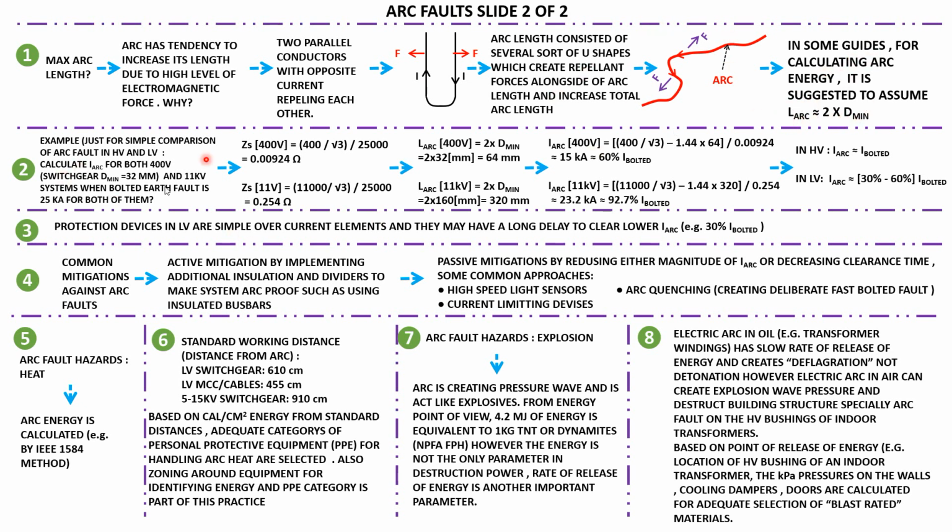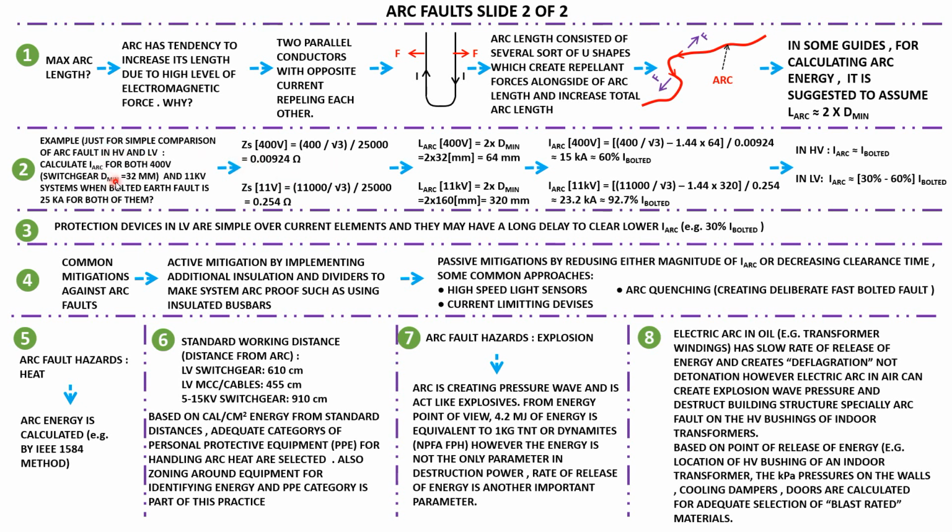So basically, with this idea that we have, we can now compare arc fault current in HV and LV, and why they are different, because we now know some characteristics of the arc.